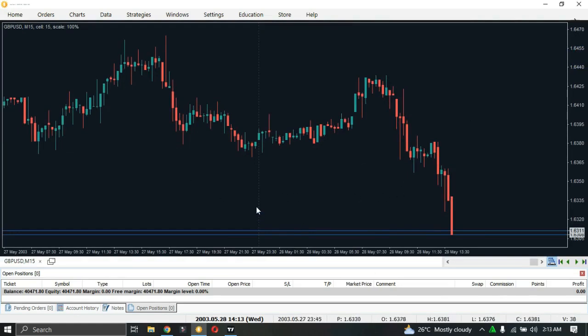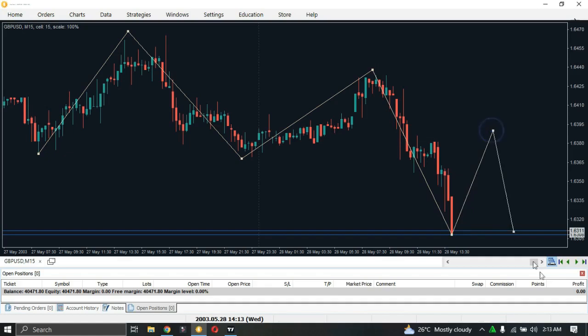So we have this market that we're looking at right now, and as you can see, it is going down, expecting a push up and probably continuation to the downside.